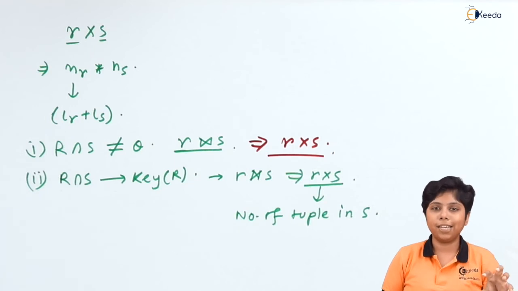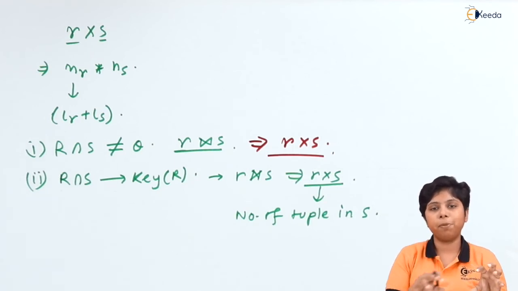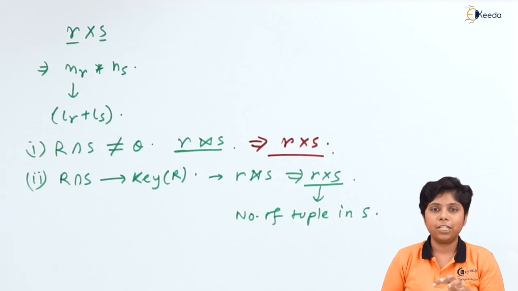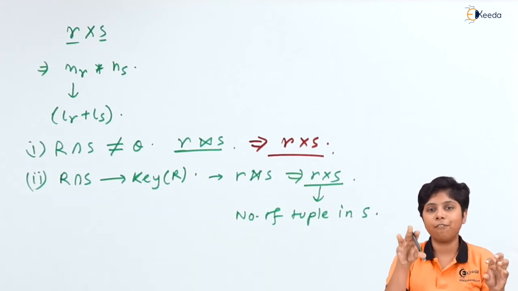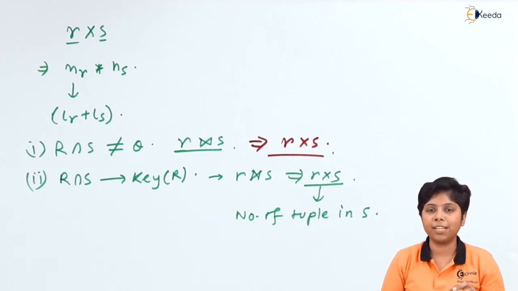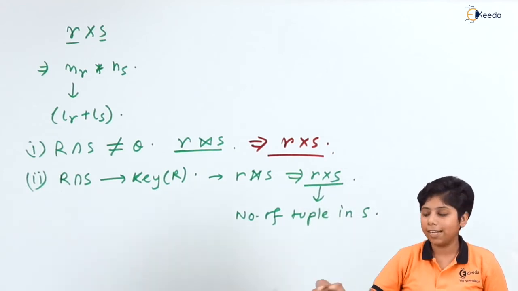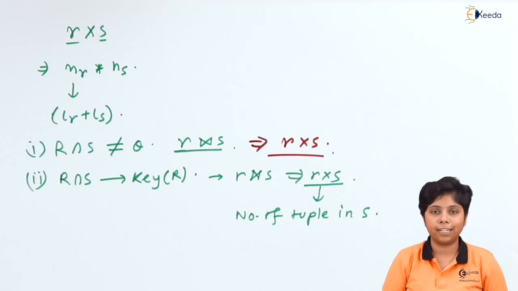Because R is the key and for the key every tuple will be attached with one from this S. So R is the key and we can have at most the number of tuples of S in this R cross S, or R Cartesian product S, as the joining of R and S.